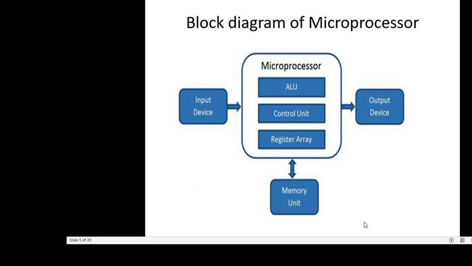The ALU performs arithmetic and logical operations on the data. The control unit controls the processor by generating the control signals. Then it has its own registers where we can store the data from the memory during the processing of the data. So this is a simple view of the microprocessor.